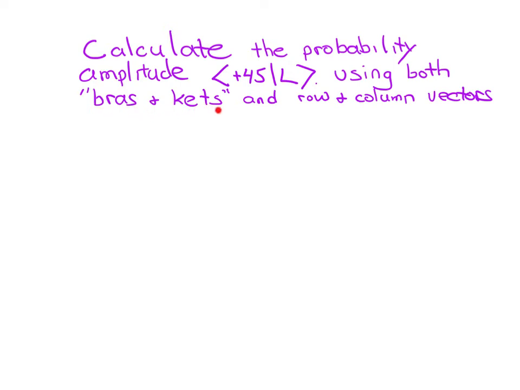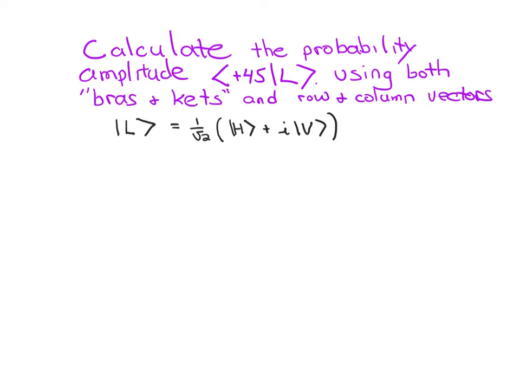So for starters, I am going to do this calculation using what we're going to refer to as the bras and kets method. And I'm going to choose to do my calculation using basis vectors that are the H and V basis states. So with that choice of basis, I can represent a left circularly polarized photon as a linear combination of H and V, and this is the correct expression for that linear combination.